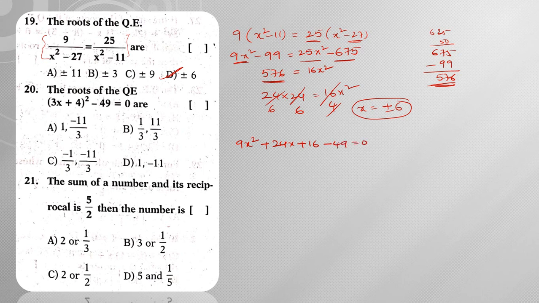Now based on this, 9x square plus 24x minus 33 is equal to 0. All are having 3 multiples, so I can write 3x square plus 8x minus 11 is equal to 0.